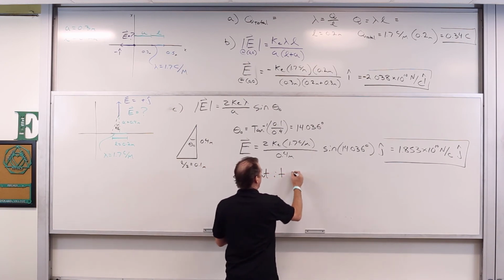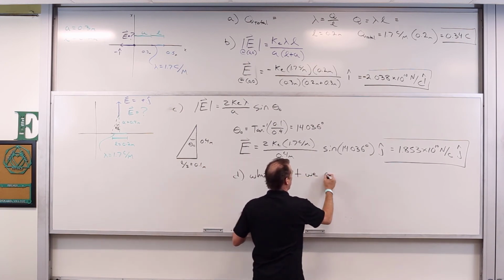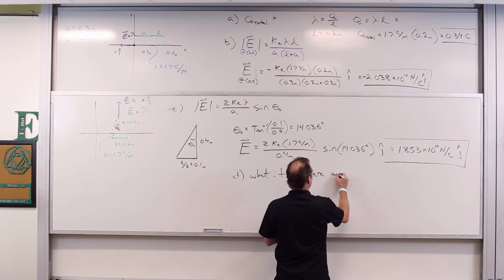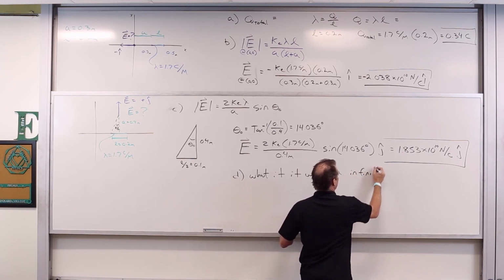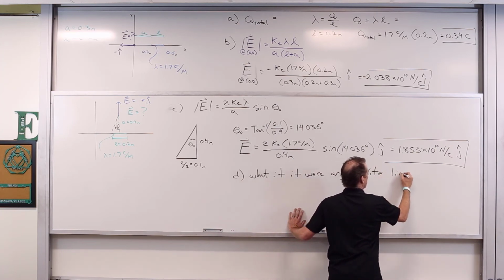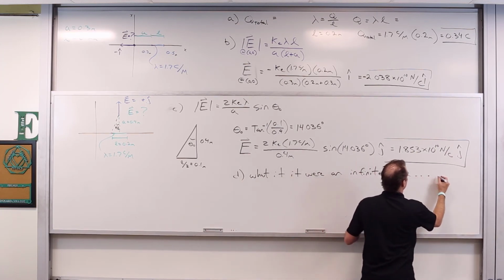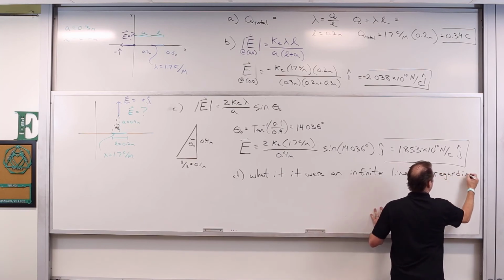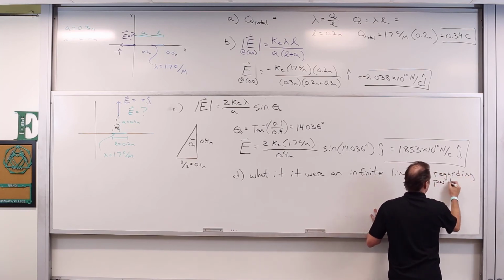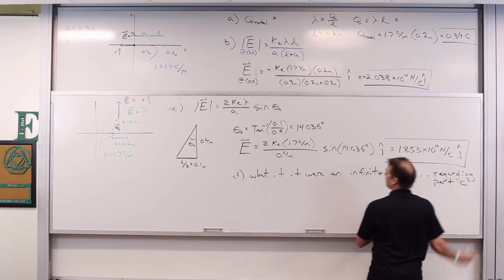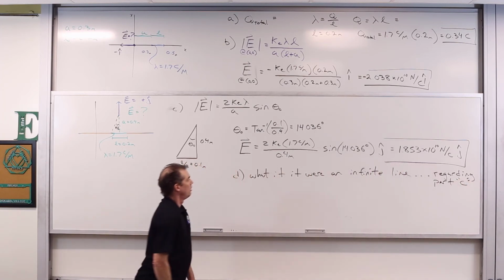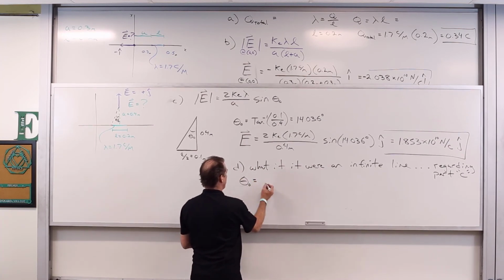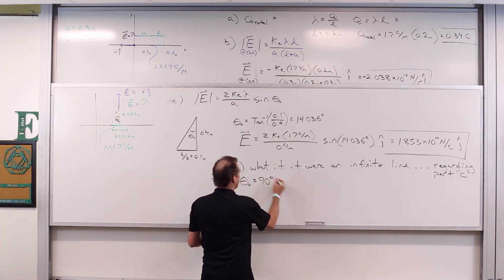What if it were an infinite line? This is regarding part C. So what do we do? Well, instead of this for the angle, now we have that theta sub 0 is just equal to 90 degrees.